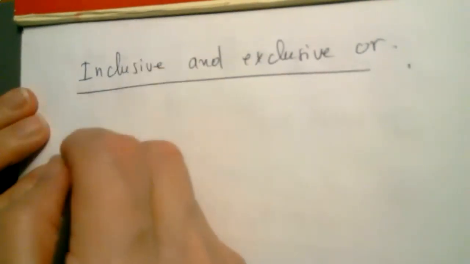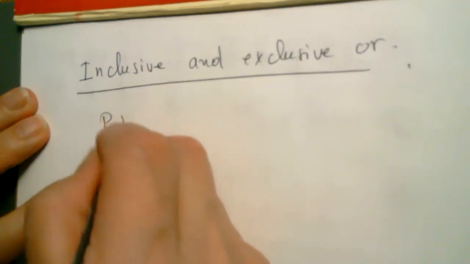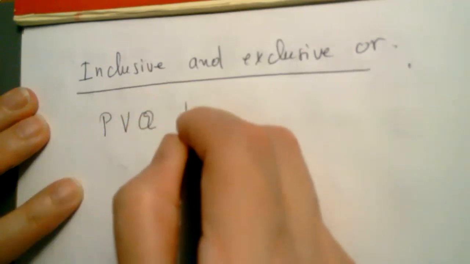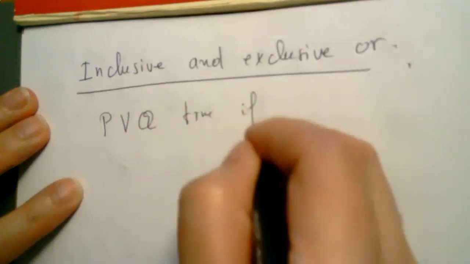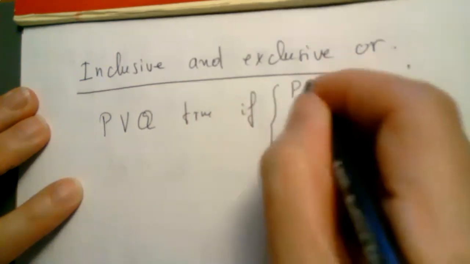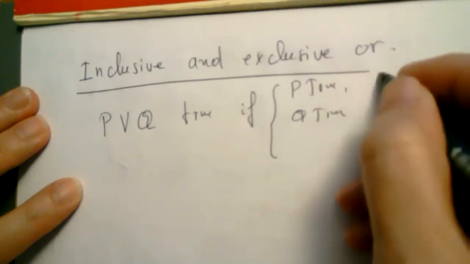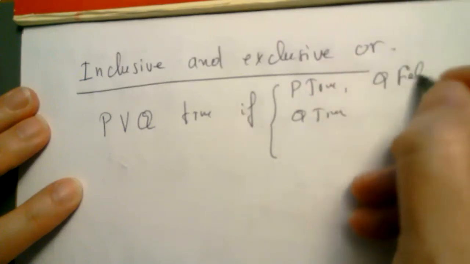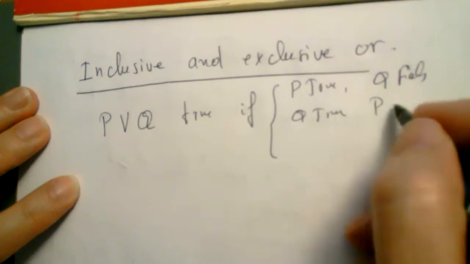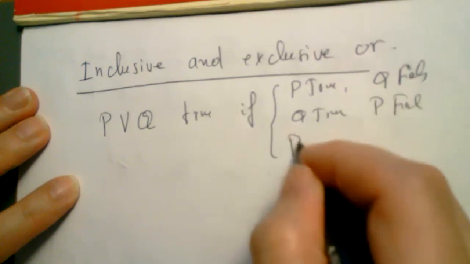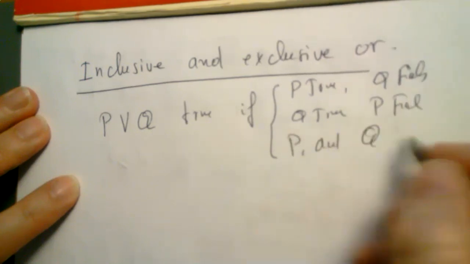If I take two propositions, the way we took them, P or Q is true if P is true, Q true; P true, Q false; P false, Q true; and if both P and Q are true.